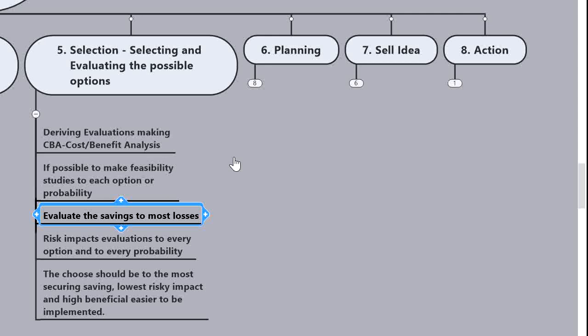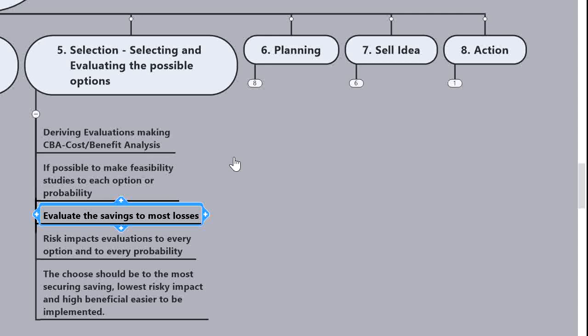Because when I do those two parts in here, the derivation for the CBA and the feasibility study, I could come up with a very different aspect of choice, or of selecting criteria, which is picking the option which saves the minimum level of losses and increases my savings.